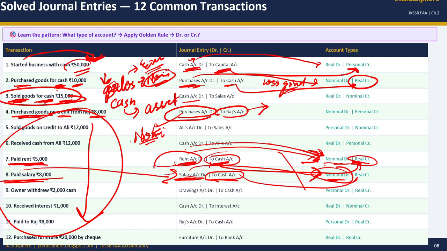So up to now, what we have seen, we see asset with real account.